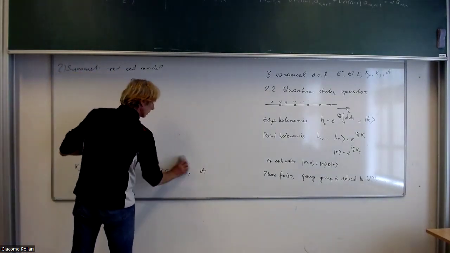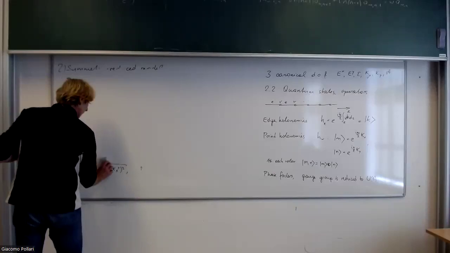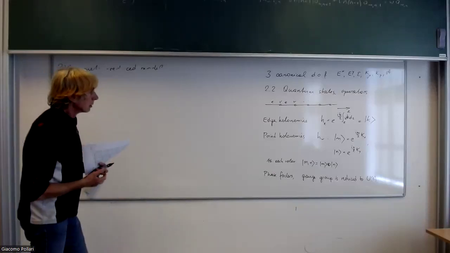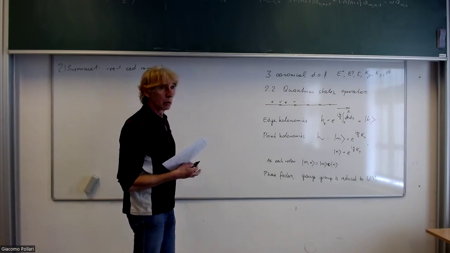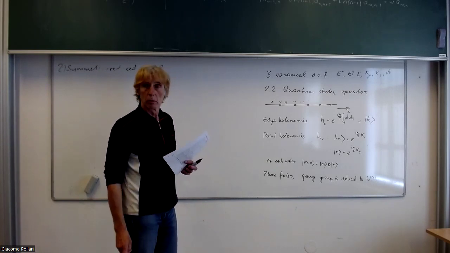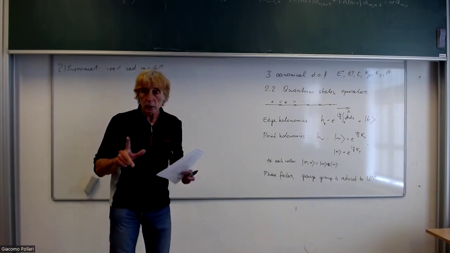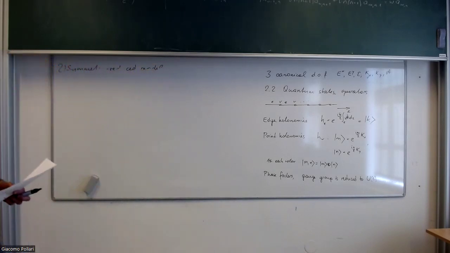Because nothing depends on X and Y. So we have only the one. There's no space for this. So maybe it's like you say, the SU2 is probably broken explicitly by the choice, and there's a surviving U1.